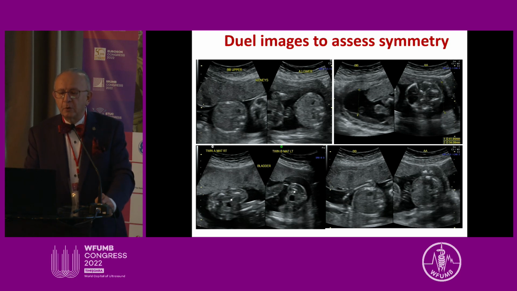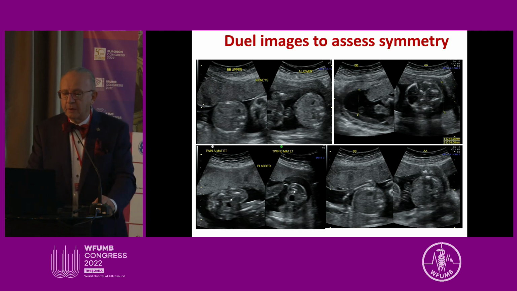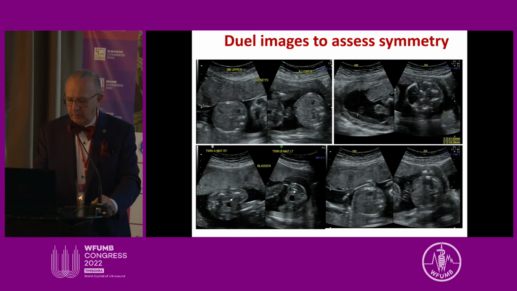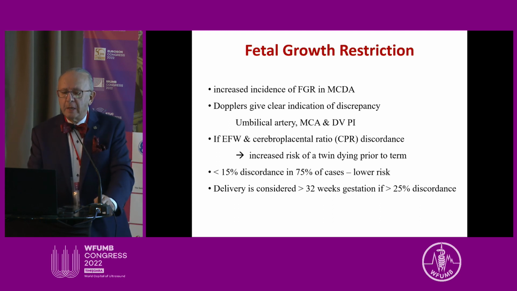So we do image one next to the other, the abdomen, the hearts, the bladder, A and B together to show that they're the same. Fetal growth restriction is certainly increased in monochorionic twins, and Doppler is extremely useful.